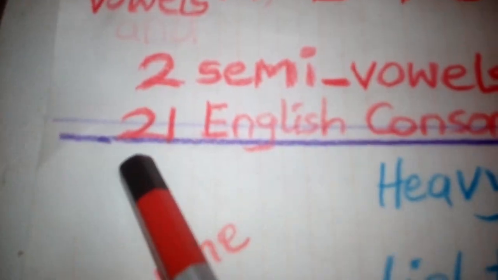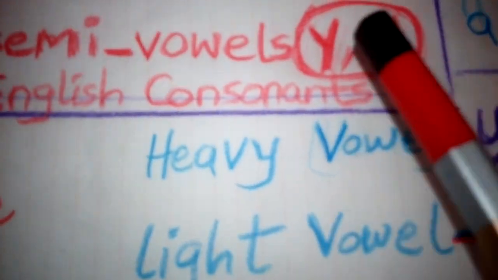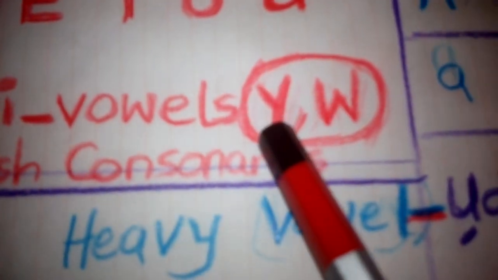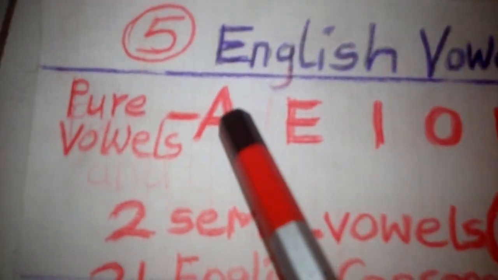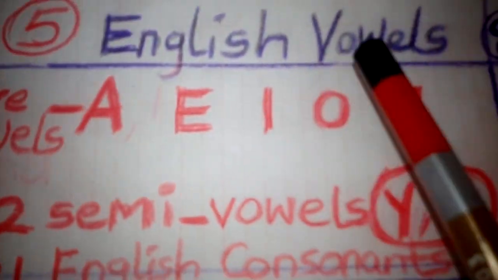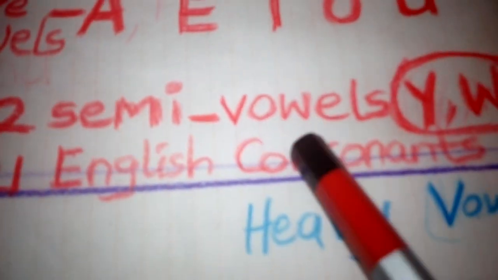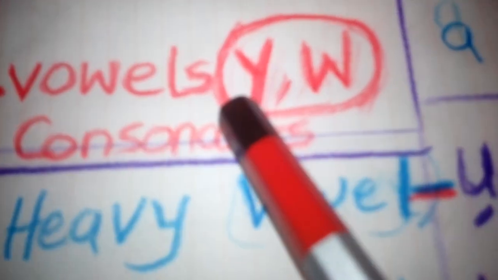And they have 21 consonants, including this Y and W. They are consonants, but sometimes they appear in words as a vowel. So that's why we call them 2 semi-vowels, Y and W in the English language.